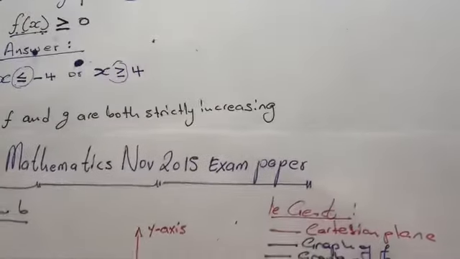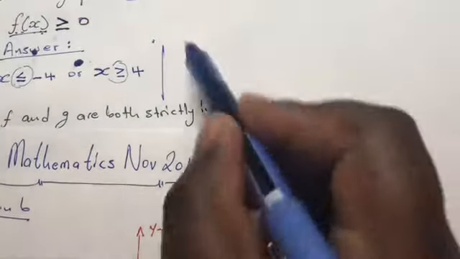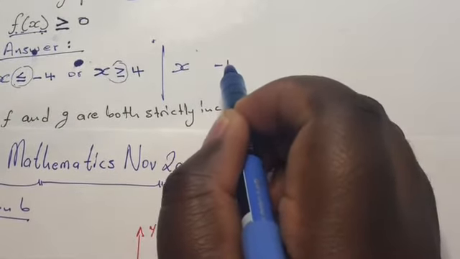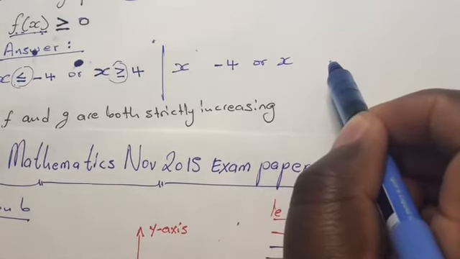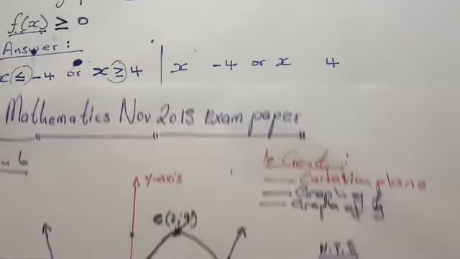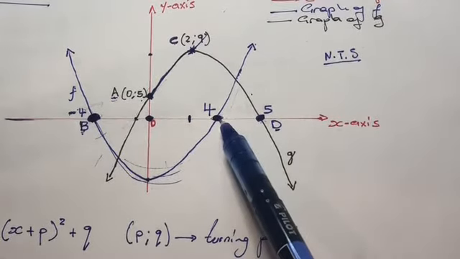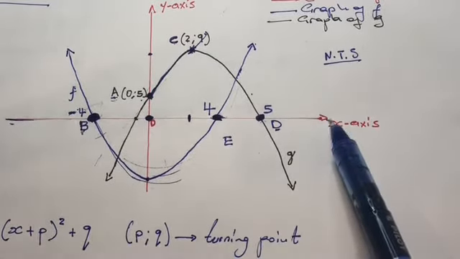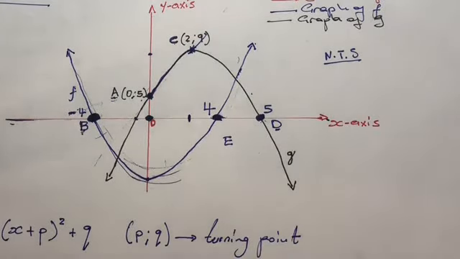What I normally advise my students to do in this type of question is you just say x, -4 or x, you write 4. The reason is that you know your answer will come from these two points, because these are the points along the x-axis in relation to the graph of f.